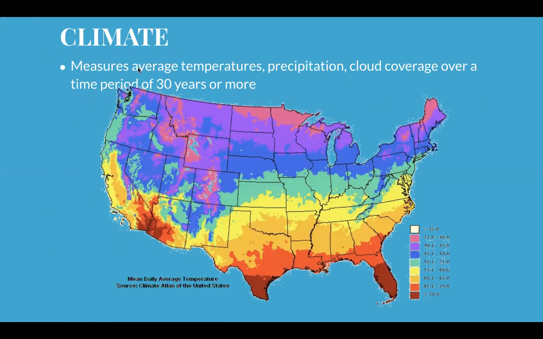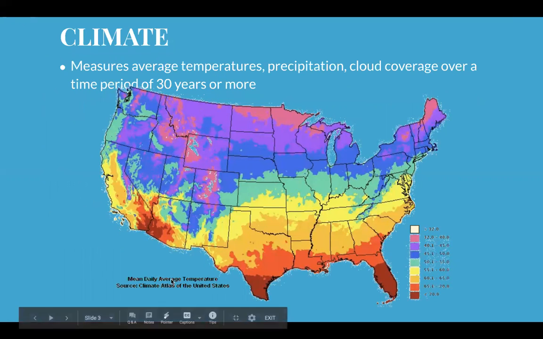So here, let's look at the climate. Here's a climate map of the US. It measures the average temperatures, precipitation, and cloud coverage over a period of 30 years. Here, we're looking at average daily temperatures.